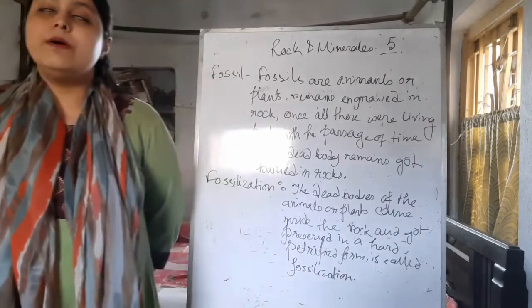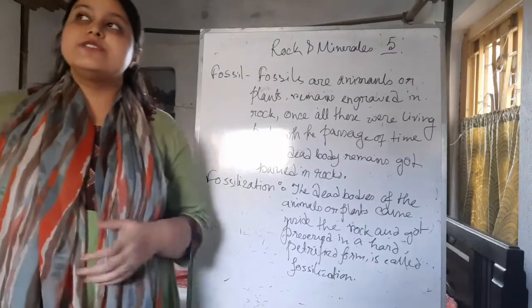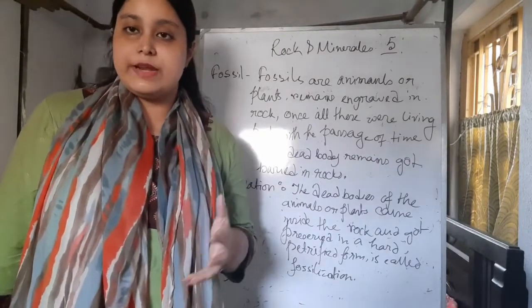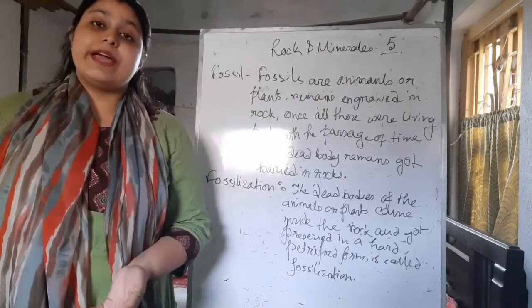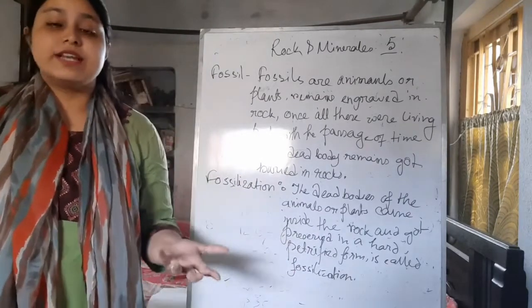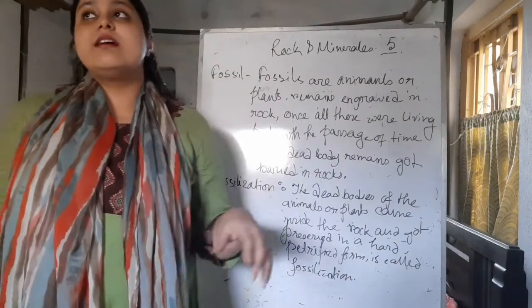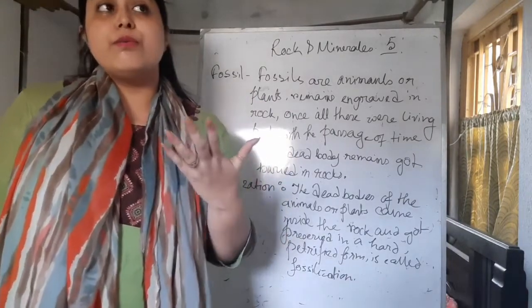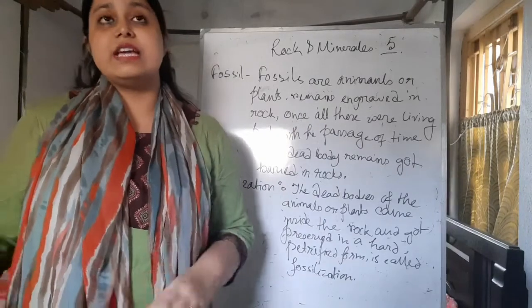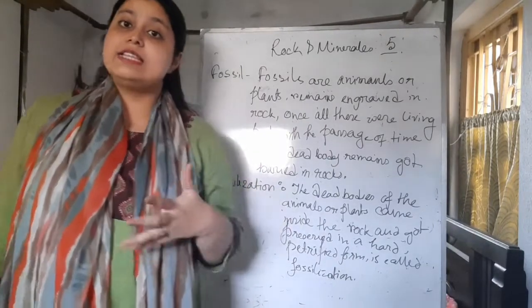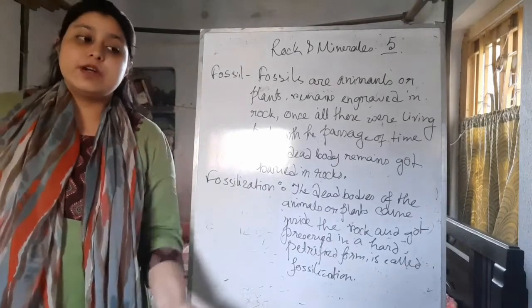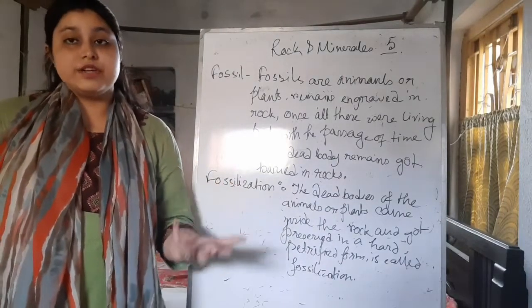Okay, so when our earth was covered with moss, ferns and many plants, after an earthquake or some natural calamity happened, the forest and trees got uprooted and ended up on the sedimentary rocks.